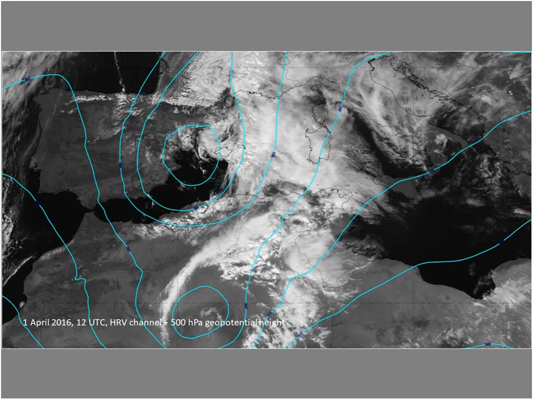So this is basically the same cloud, but from a different angle, from a different area.